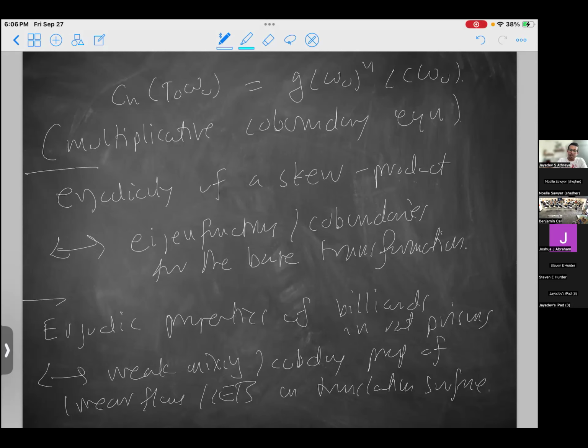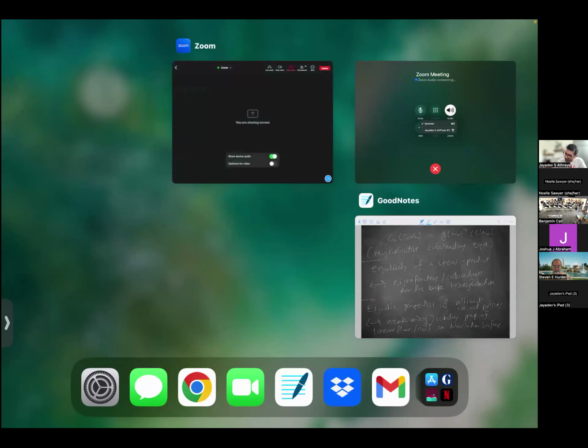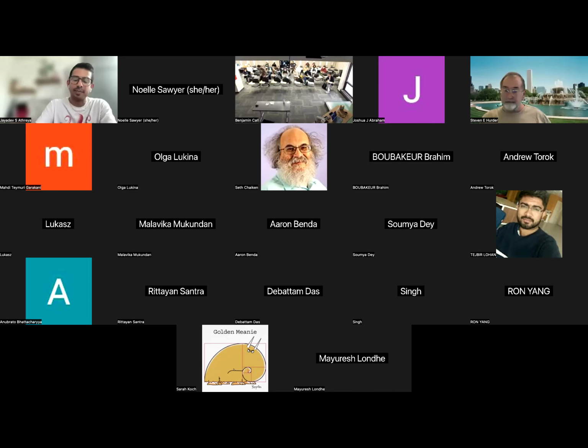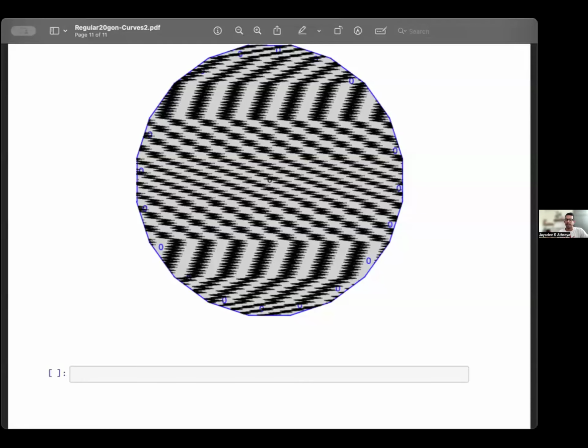So let me conclude by leaving the meeting from my Zoom here on my iPad, and stop by just showing you a picture with absolutely no comments on it. This is really where I'll stop, and I'm sorry for going over time. This is a cardinal sin, which one should never do, but I did. Just by showing you a cool picture.